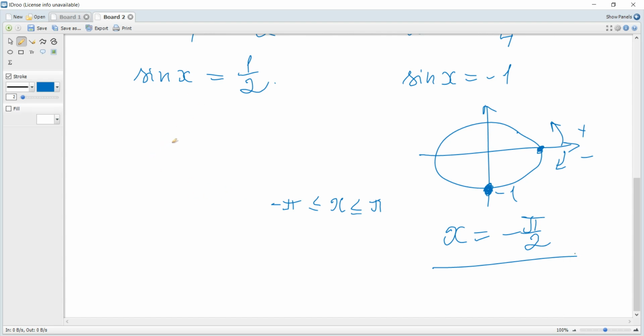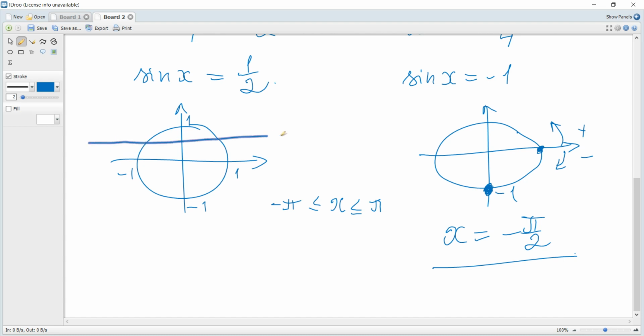And now let's consider sine of x is a half, and again it's a unit circle, and sine is the y coordinate, so we draw a horizontal line through a half, and we can see that there are two solutions, at point A and at point B. We draw rays, and the next step is we consider the magnitude of this value, and we consider sine of some angle to be equal to a half.